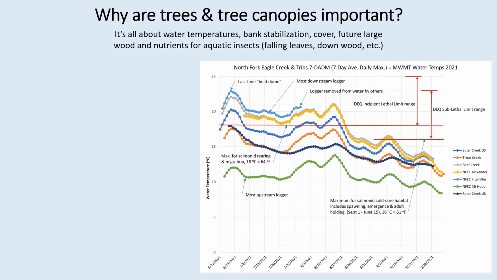And so if we look at this graph, you can look at that bottom curve there, that green one, and that's the temperatures from the most upstream logger up in the Mount Hood National Forest in the North Fork Eagle Creek. And you can see how those waters are plenty cool, no problem at all.